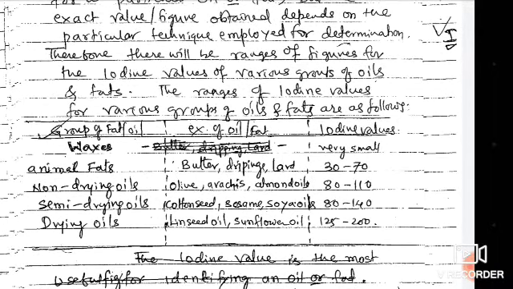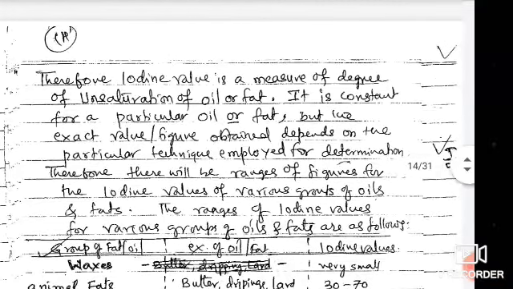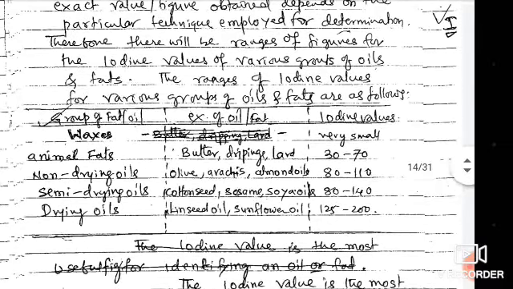Generally, the iodine value for each oil or fat is constant, but it varies with the different types of oils and fats depending upon the technique employed to determine it. Some examples of fats and oils and their respective iodine values are given in the table below.